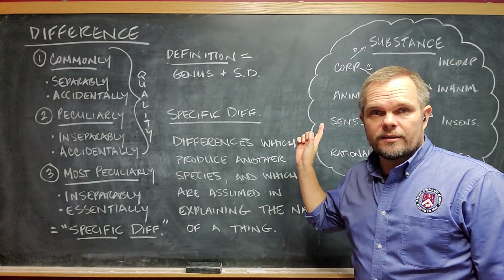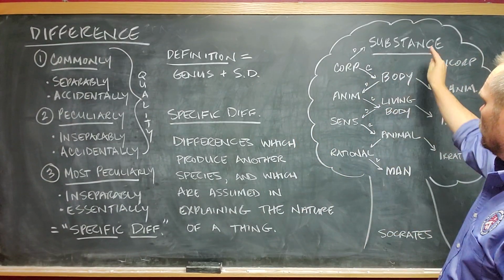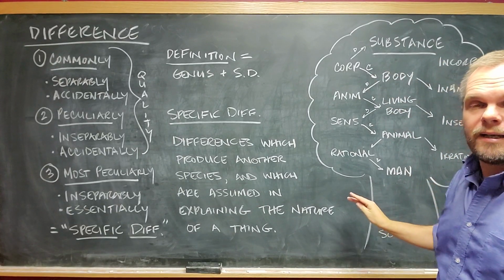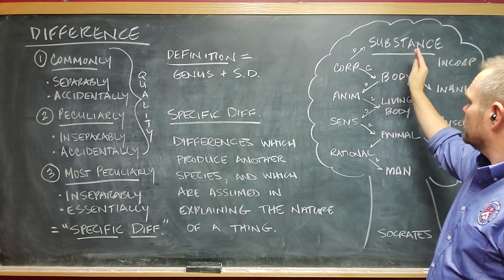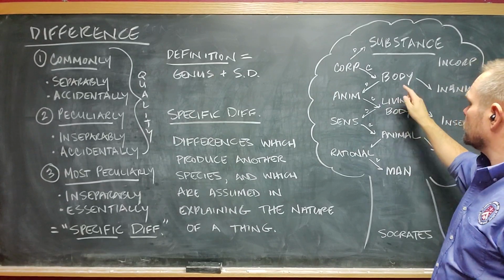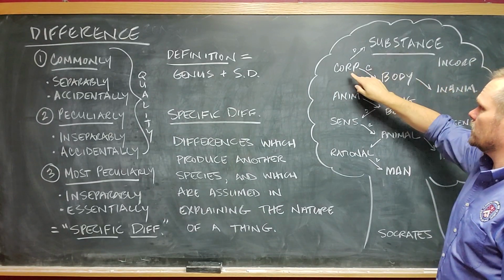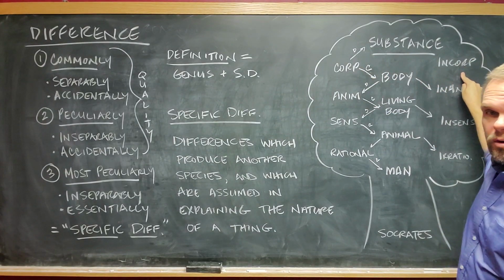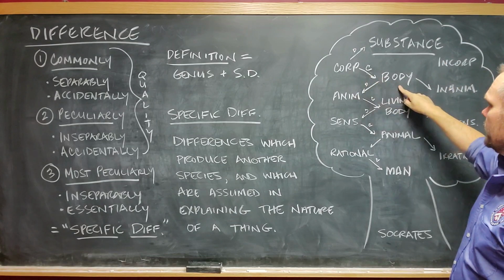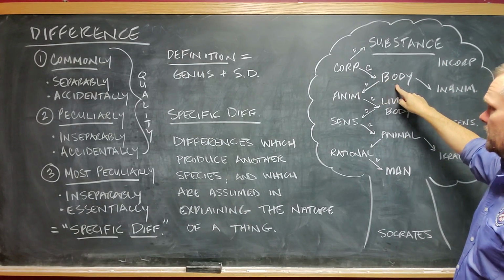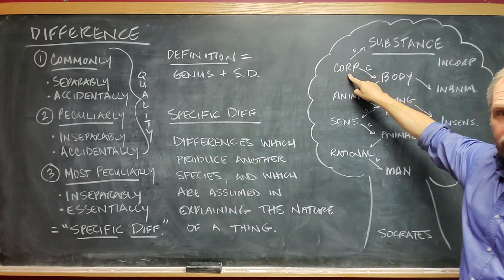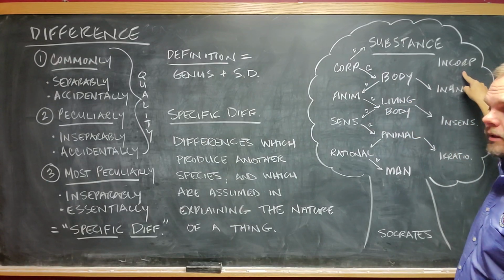Now, realize as we look at this tree, we're just choosing one answer to each of these different sets of options. For example, we said a substance could be corporeal or incorporeal. And then we gave the species constituted by corporeal, which is body. But what about incorporeal?